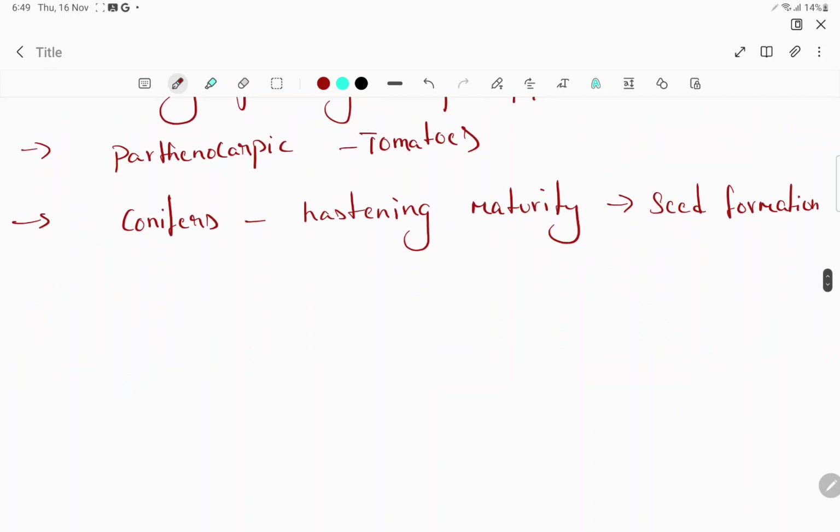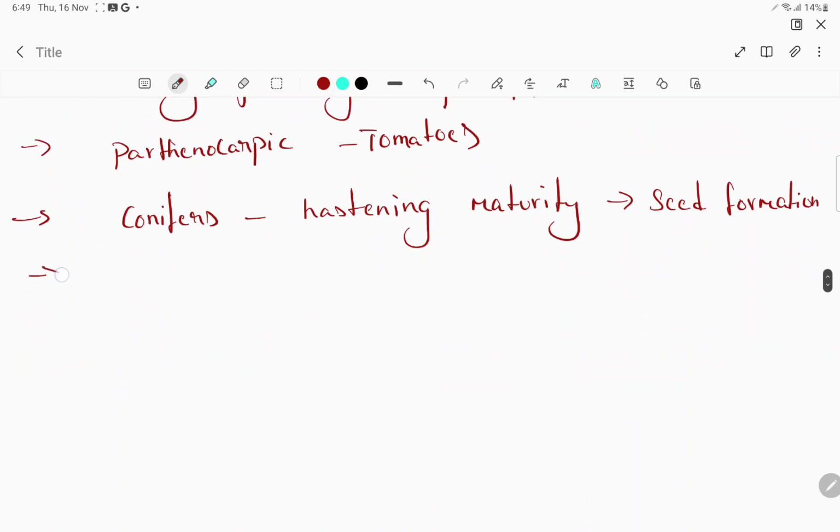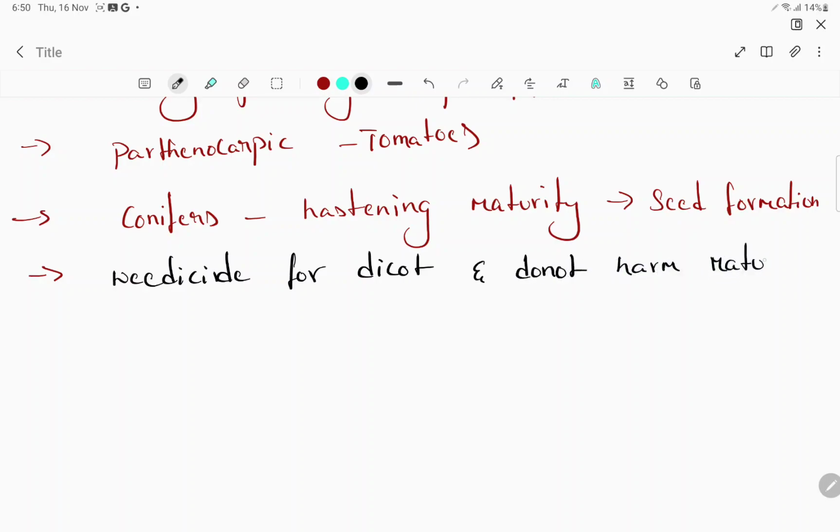And finally, if you come out of the plant, this will be acting as a weedicide for dicots and does not harm matured monocots.